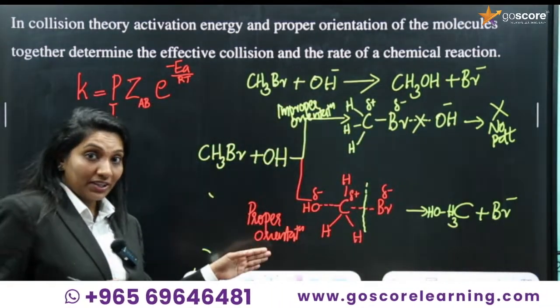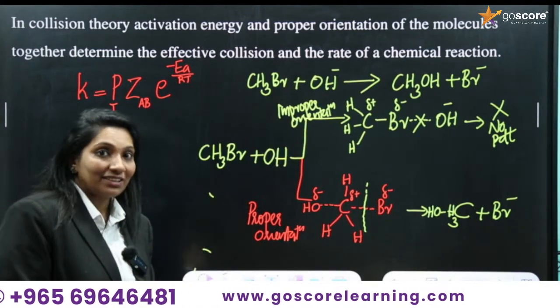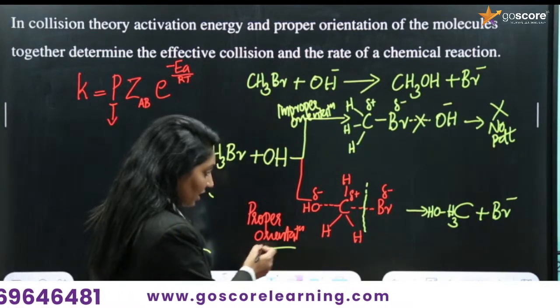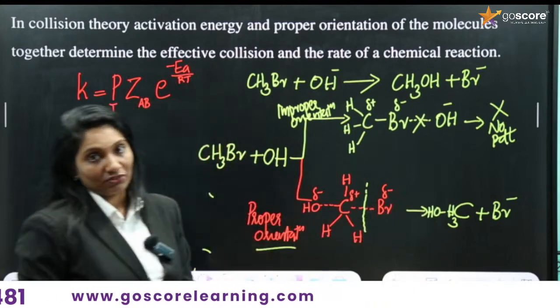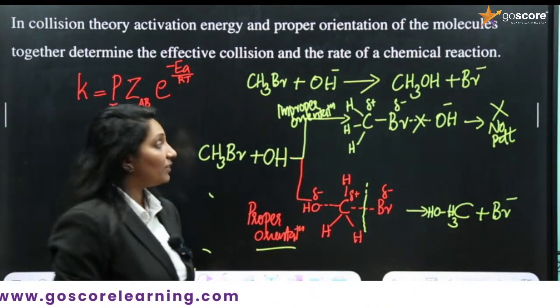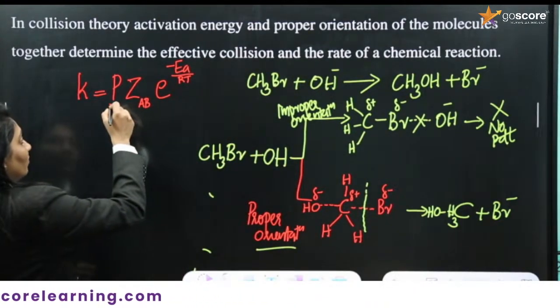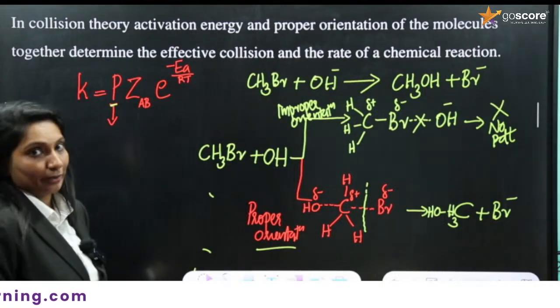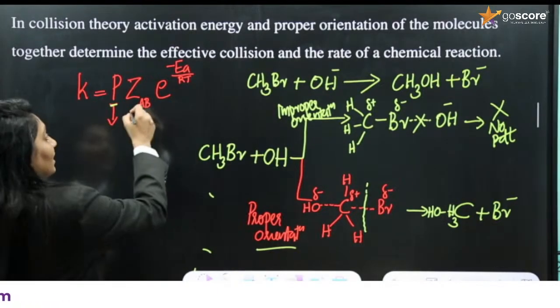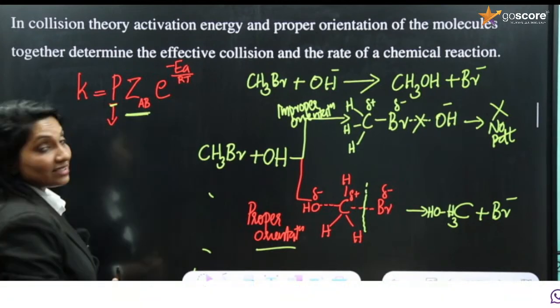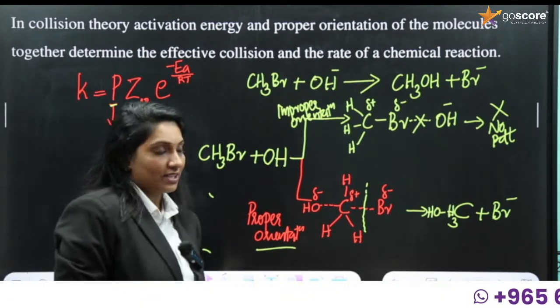When the molecules collide in the proper orientation, then only the product will form. That orientation is given by the letter P. ZAB we already discussed; this is the collision frequency.